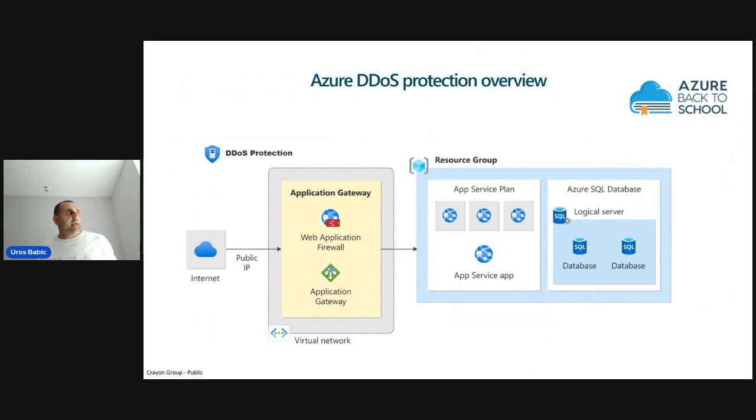Okay, we can start with some basic architecture that is combined with application design best practices, of course, and provides enhanced DDoS mitigation features to defend against DDoS attacks, automatically tuned to protect a specific Azure resource in a virtual network. Protection can be enabled on any new or existing virtual network.